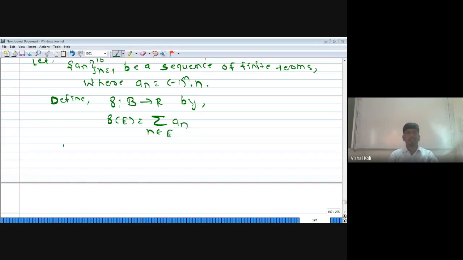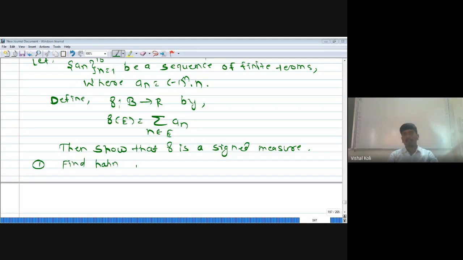Okay. Then show that gamma is a signed measure, and if gamma is a signed measure, then find the Hahn decomposition of set X with respect to the signed measure gamma.